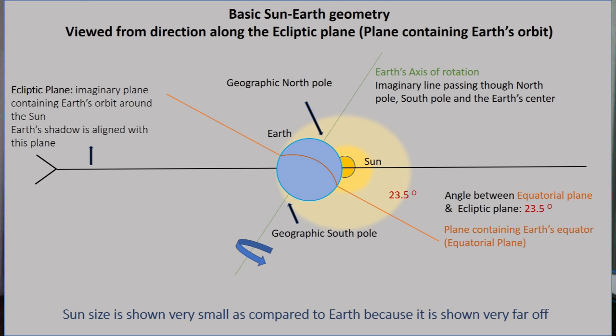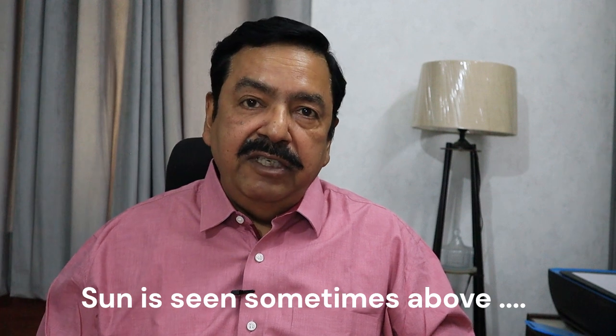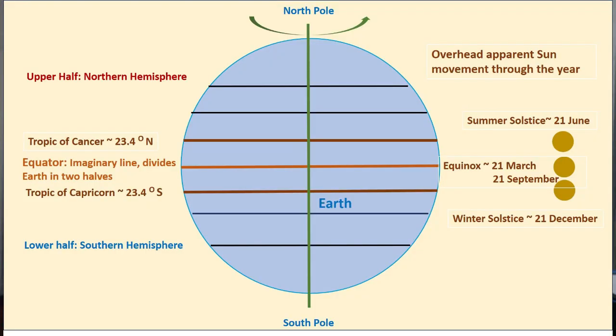If these were aligned, then the Sun would remain stationary throughout the year as the Earth went around the Sun. But due to this tilt, the Sun is seen sometimes above the equator, sometimes below the equator. So we who live in the northern hemisphere have our summer season when the Sun is above the equator, and winter season when the Sun is below the equator, as we can see in the next slide.